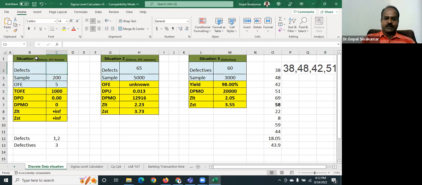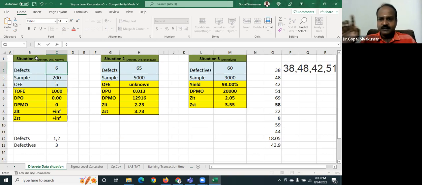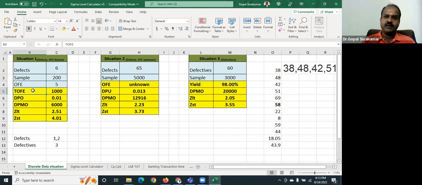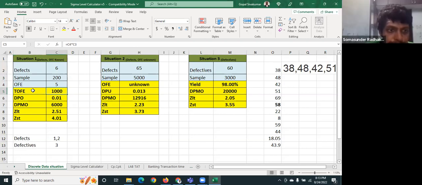After completing the inspection, I am able to understand that there are 6 defects. Totally, how many defects noticed? 6. I give an entry. Now what happened? I got TOFE. What is TOFE? Total opportunities for error.